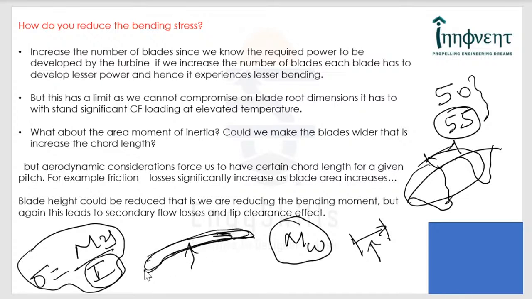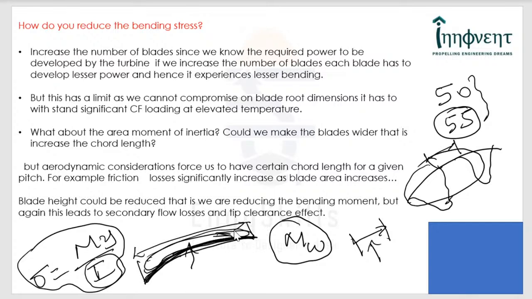It cannot be, because if you increase it beyond a certain point, the flow area exposed increases, the flow is contacting greater area, that means greater frictional losses start coming about. So in order to limit the friction losses, the width of the turbine blade cannot be increased beyond a certain point. So that option also is a limited option.